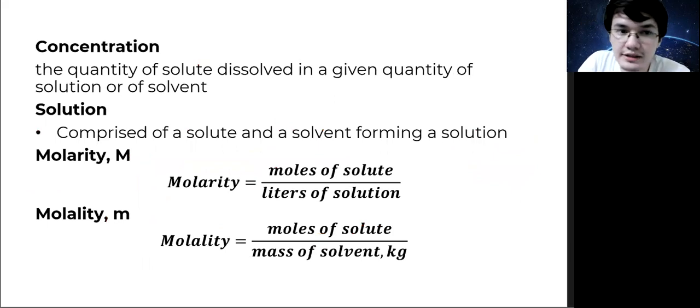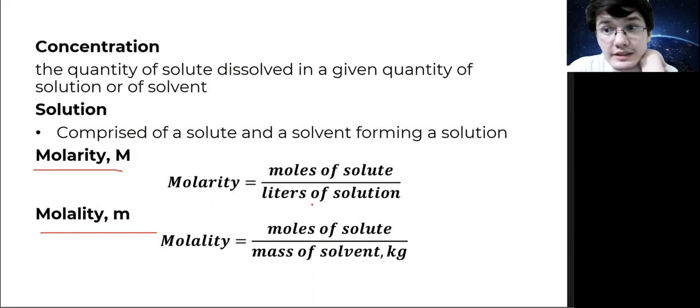Then next, we have concentration. Concentration is just the quantity of solute dissolved in a given quantity of solution or of solvent. A solution is comprised of a solute and a solvent, and they form a solution. Then our common concentration units are molarity and molality.